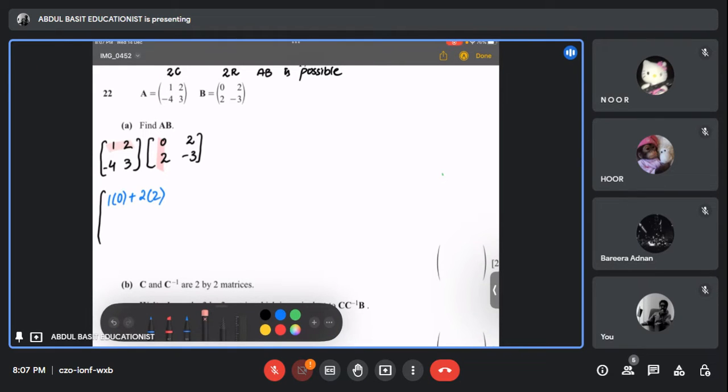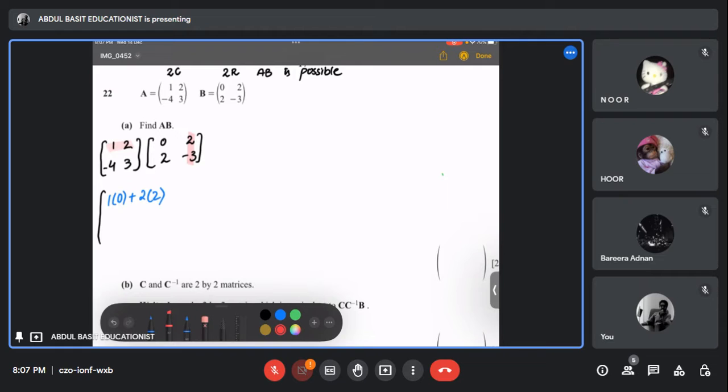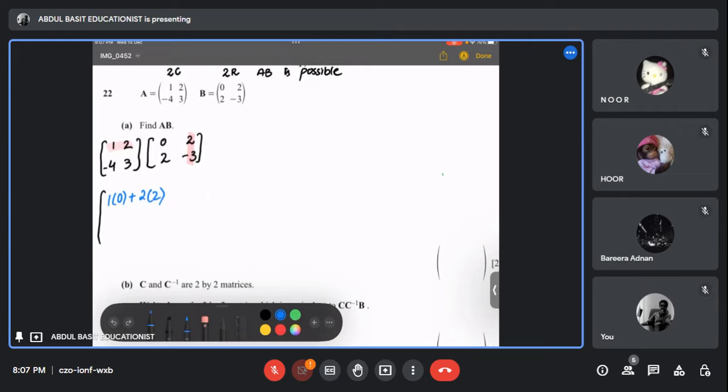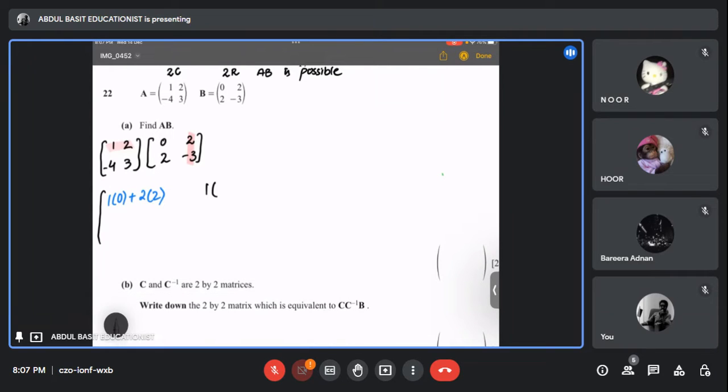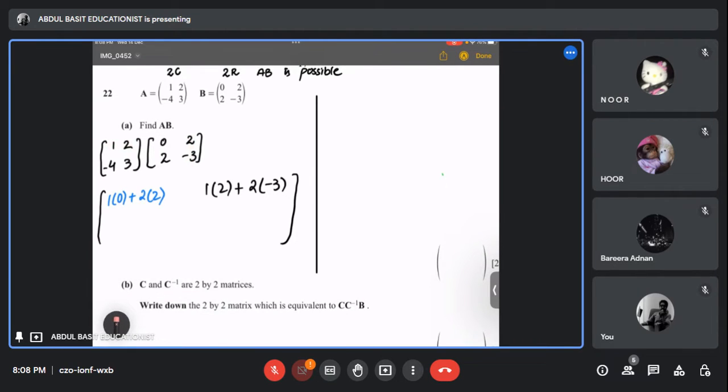Now it's time for first row, second column: 1 times 2 plus 2 times negative 3. Now I'm done with the first row, so I can close the bracket. Now it's time for the second row. Noor and Hoor, please pay attention.